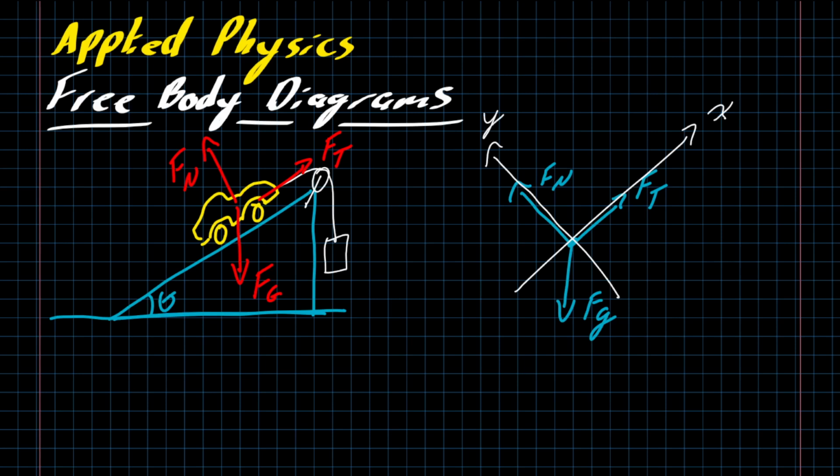Now we might have to think a little bit about the angle here, although it's not that bad. Let's draw this in red, I think. If I continue my dotted line here, there's my angle theta.